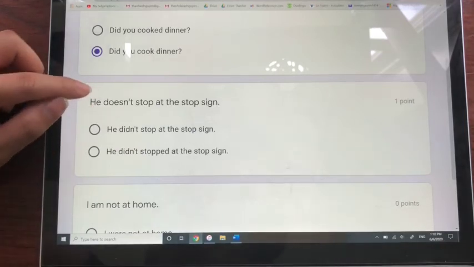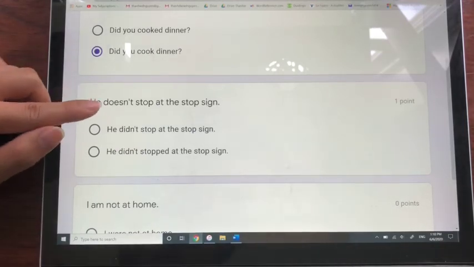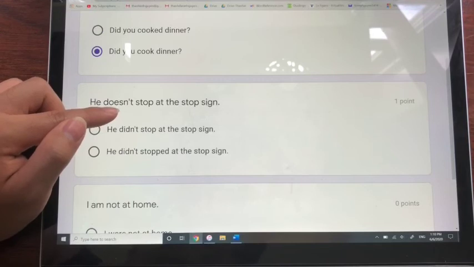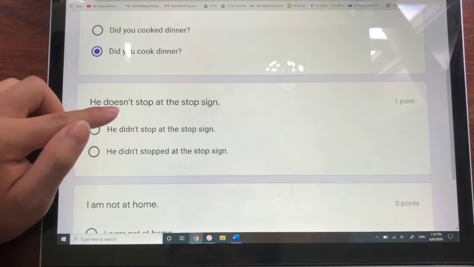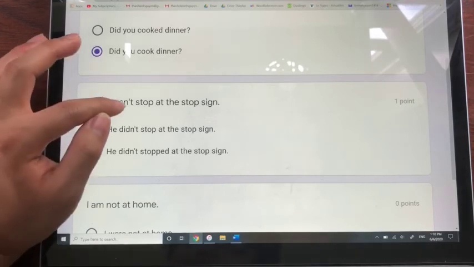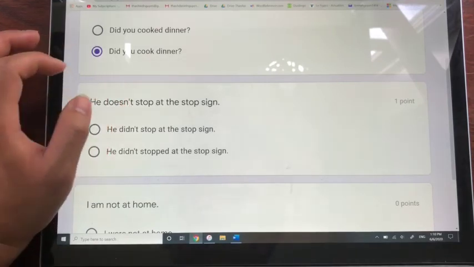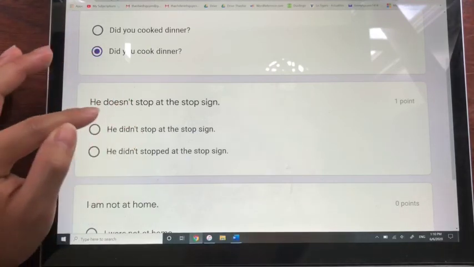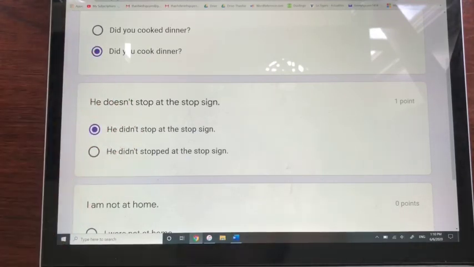This sentence is a negative. We know it's negative because we have does not. So when we have a negative in past tense, we change doesn't to didn't. He didn't. And then the verb after didn't stays the same. Stop. He didn't stop at the stop sign.